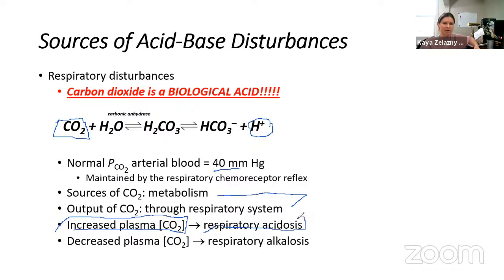So this is a problem with our respiratory system leaving too much carbon dioxide in the blood, which is an acid, so it's acidosis. We could have the reverse problem as well. So maybe we see decreased plasma CO2. We're breathing off too much of our CO2, leading to alkalosis, leading to a pH that's too high.